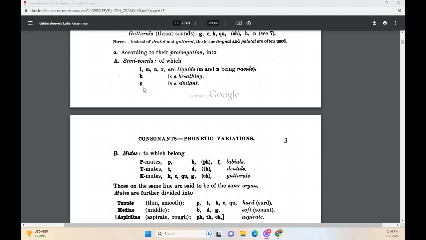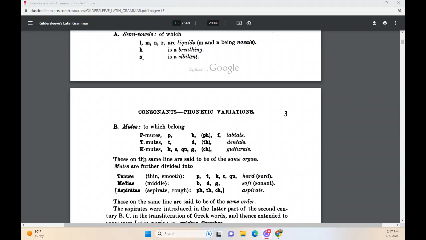And then lastly, the letter S is called a sibilant. So these are the semi-vowels. When these consonants are pronounced, the airflow is not blocked. It's not stopped. And that's why they're called almost vowels.